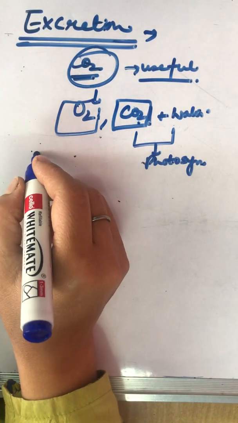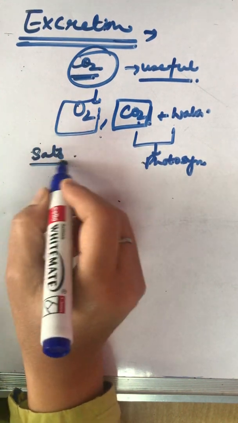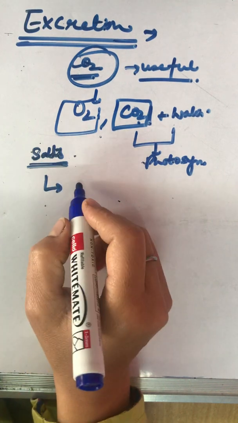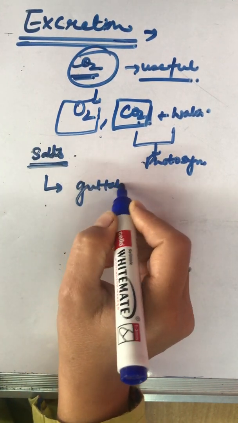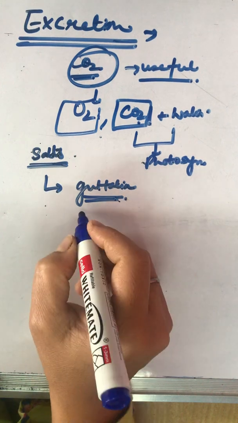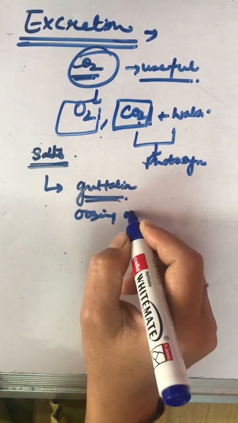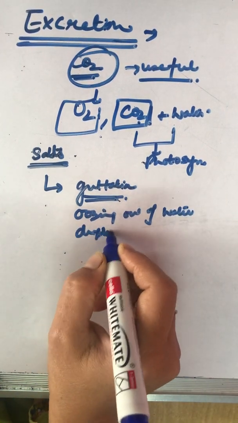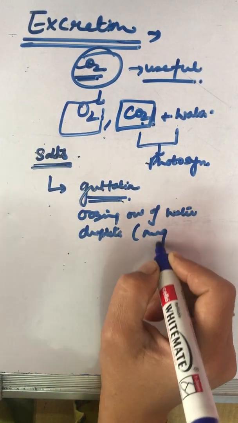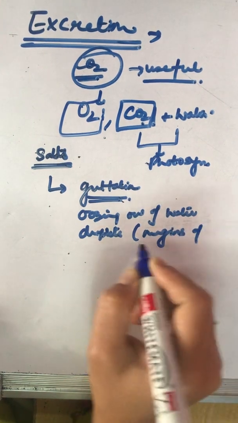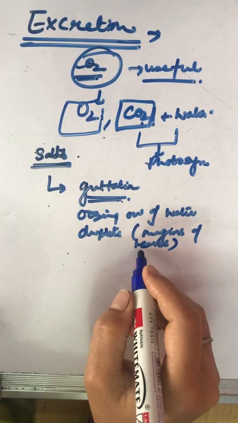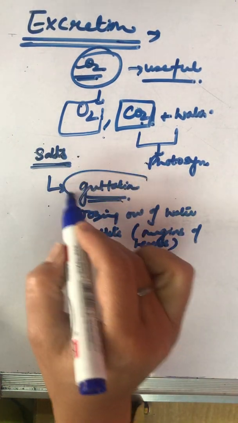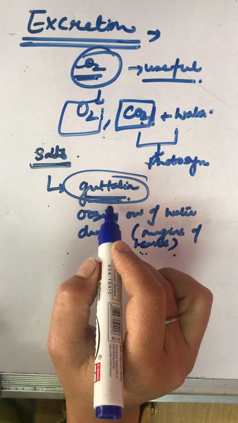Then we say excessive amount of salts. Which salts? Salts which are released along with guttation. What is guttation? That is the oozing out of water in the form of droplets from the margins of the leaves, especially of herbaceous plants during the morning time. This is guttation. Certain salts are released along with it.